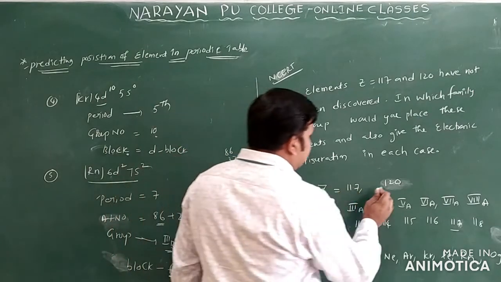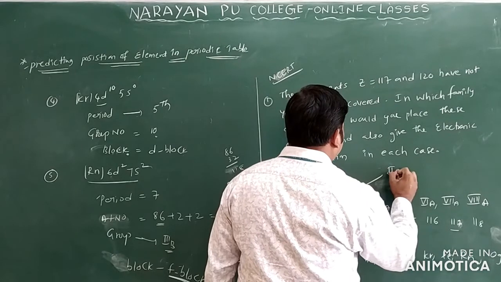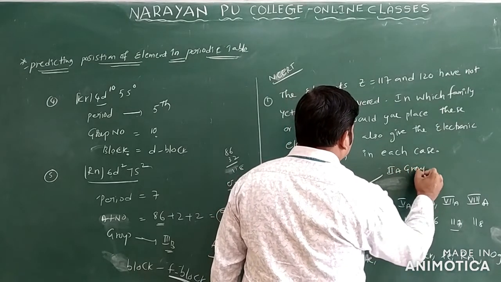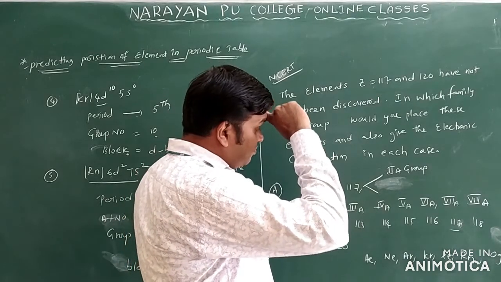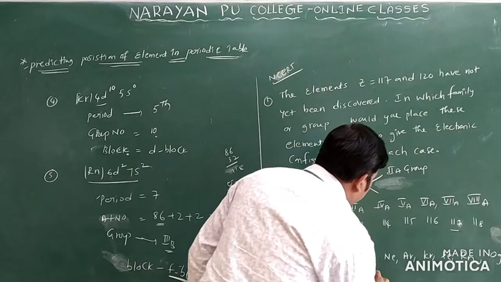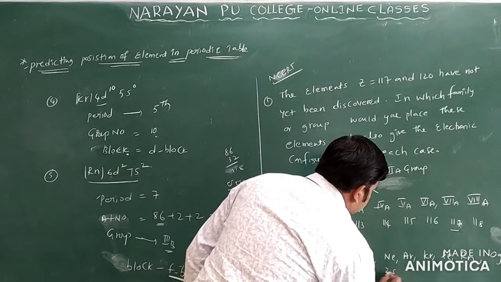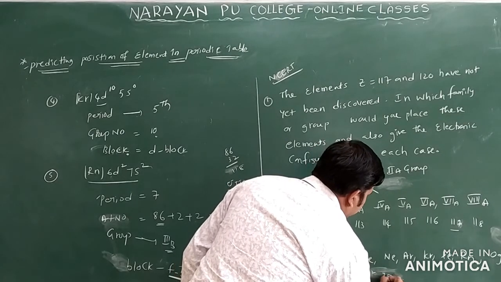Now, which period do they belong to? Generally, if you see helium, neon, this is 1s2, and this is 2s2 2p6.